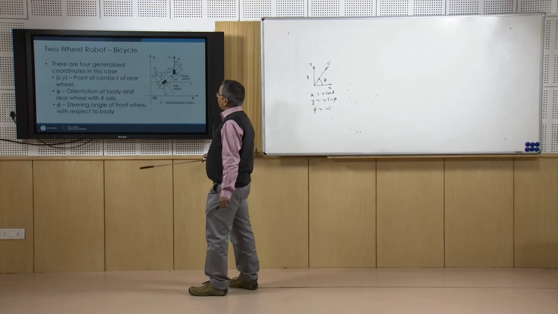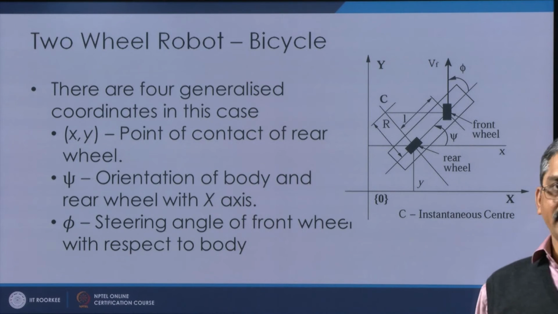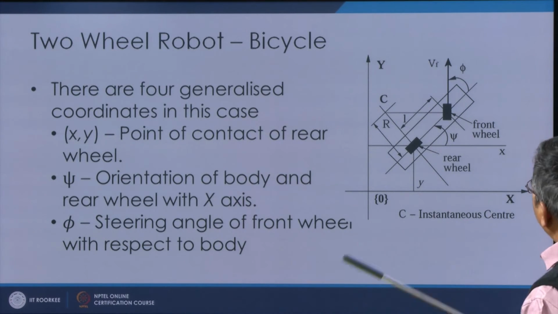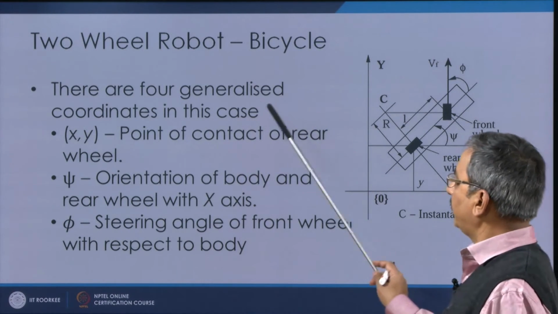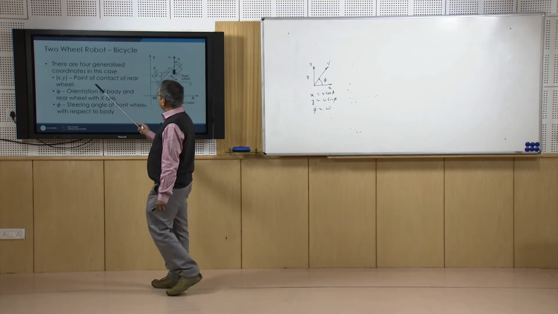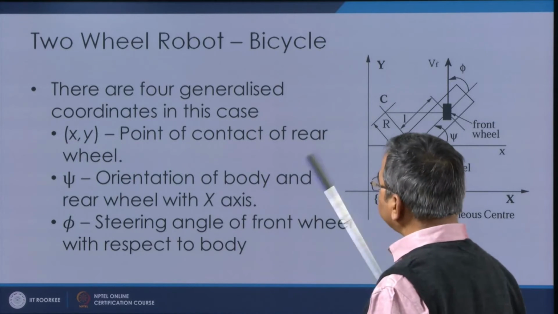Now, let us see the two-wheeled robot, which is very similar to the bicycle model. Okay. So, in this one, say this is the two-wheel robot and say this is the rear wheel and this one is the front wheel. Now, in this case there are 4 generalized coordinates which we can observe. These coordinates are the x, y point of contact of the rear wheel here.